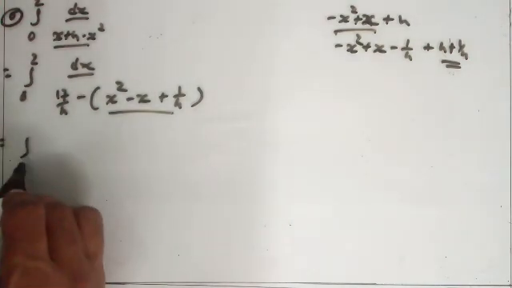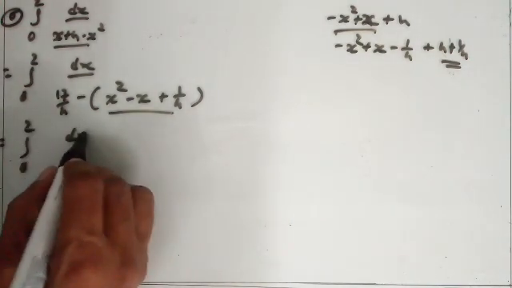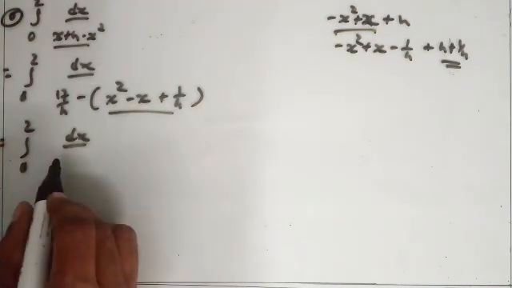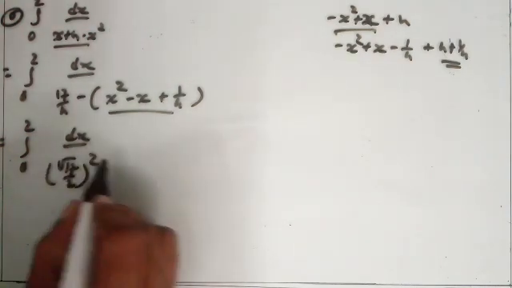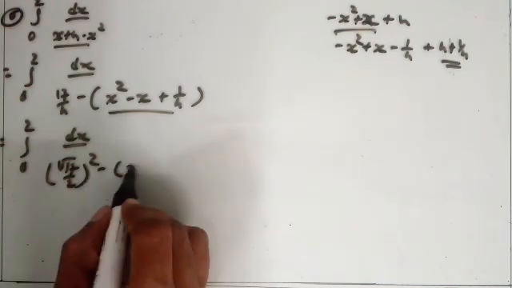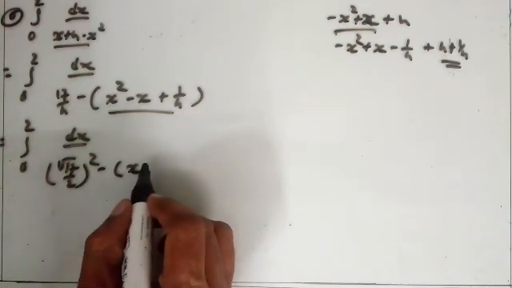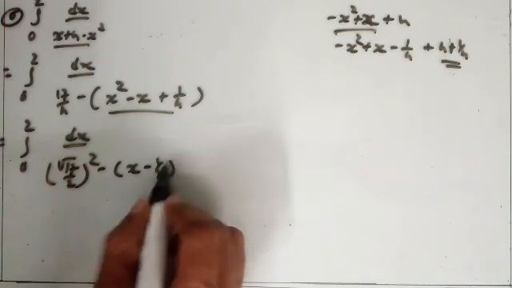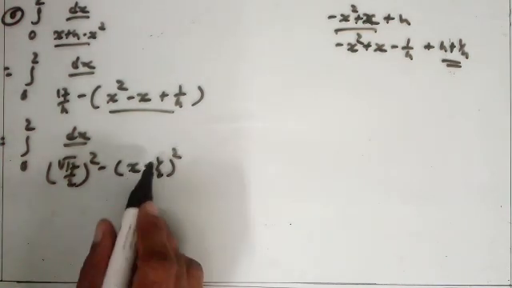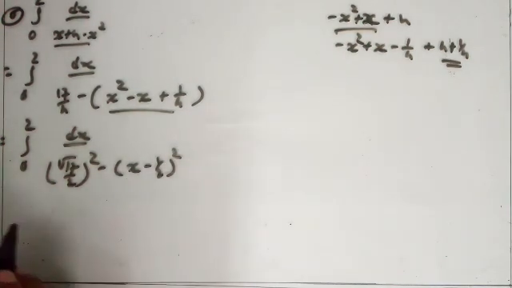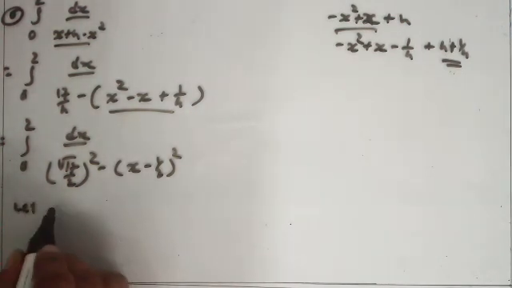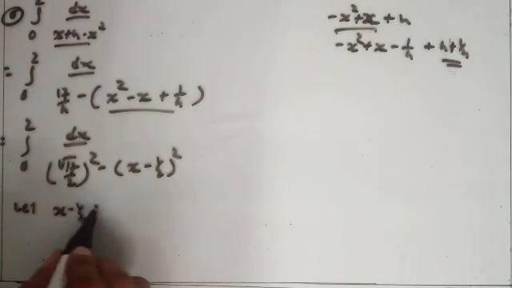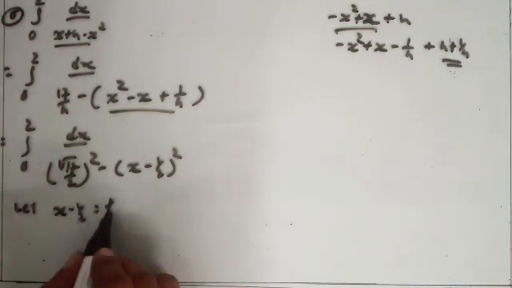So is equal to 0 to 2 dx upon factor of this is root 17 upon 2 raised to 2 minus factor of this is x minus 1 upon 2 raised to 2. Now x minus 1 upon 2, suppose it is t. Okay. So let x minus 1 by 2 is equal to t.